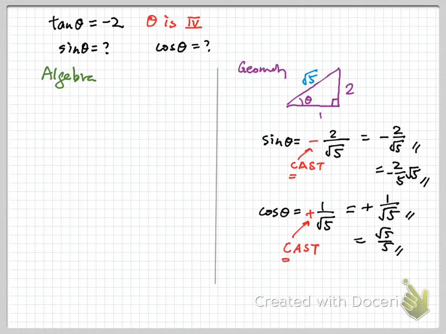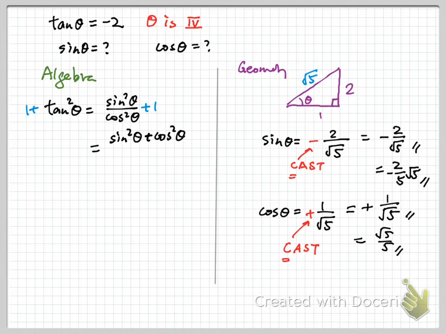We know that tangent theta is -2. So tangent square theta will be sine square theta divided by cosine square theta. We can add 1 to it, so that we have sine square theta plus cosine square theta divided by cosine square theta.